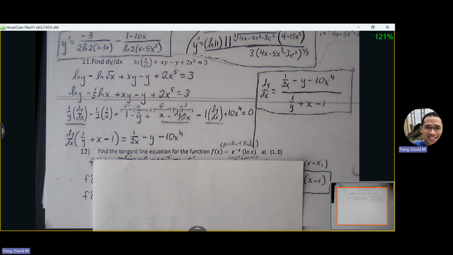I tried to do 2 steps here at once. I grouped my dy dx terms and I factored off the dy dx to save 1 step.